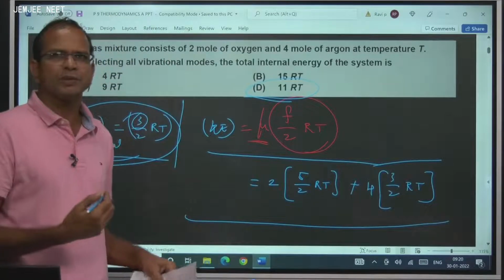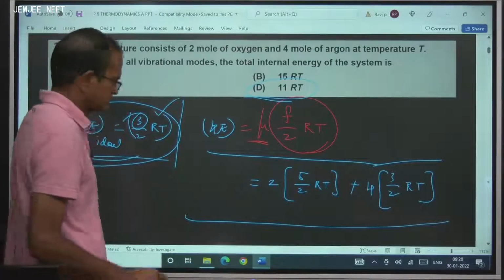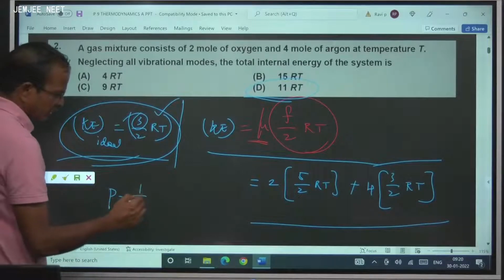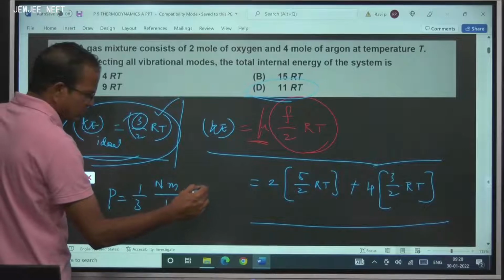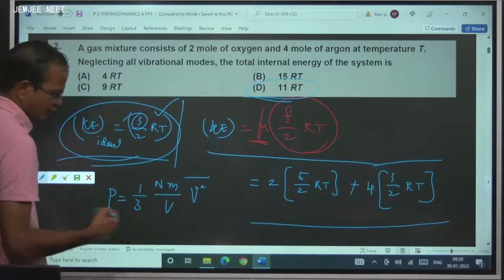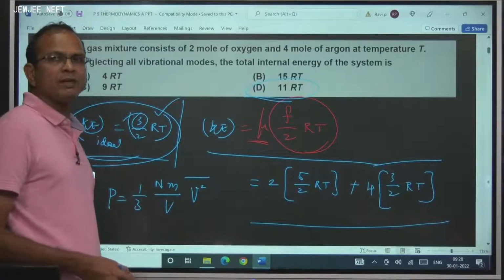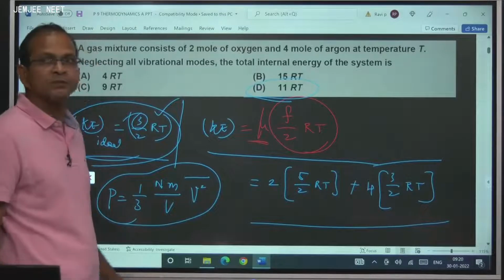We did pressure and proved it there. Kinetic energy is 3/2. You remember that? Yes, sir. Pressure is given by 1/3 nm/v into v square bar. From this we got half mv square equal to 3/2 RT. This is a basic formula for anything and everything.